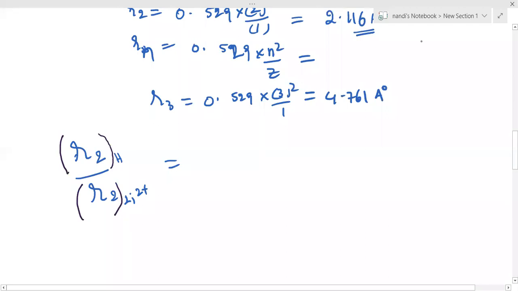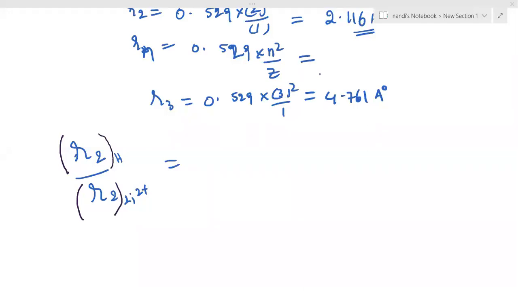No, all these are not different. Correct only, don't worry. This is the radius formula, write it. So 3:1 or 9:1, which is correct? What is the formula, sir?